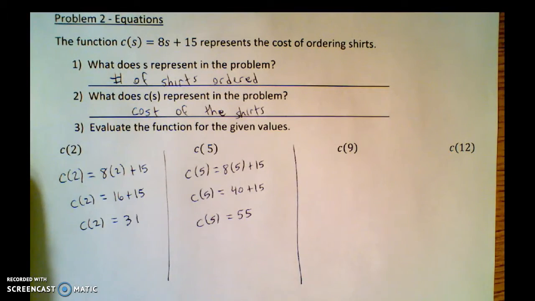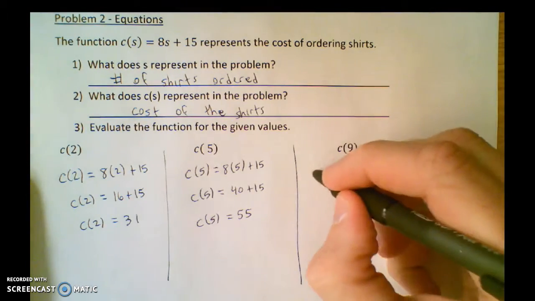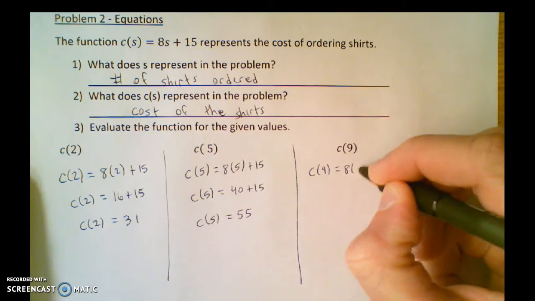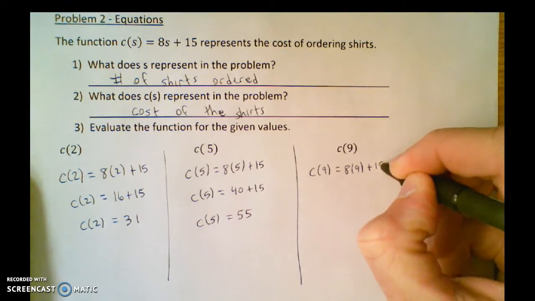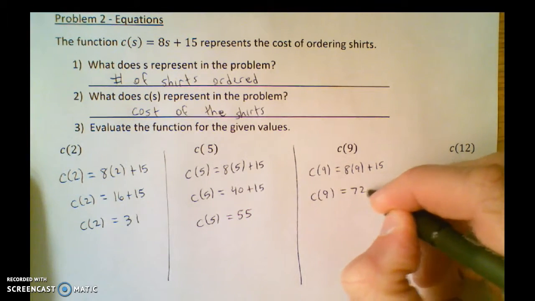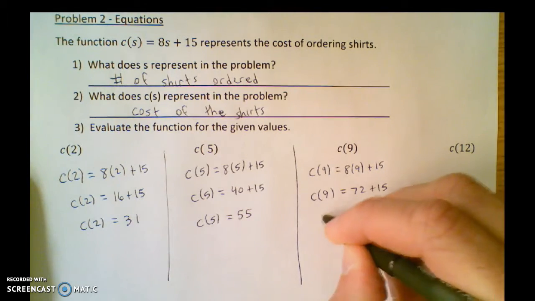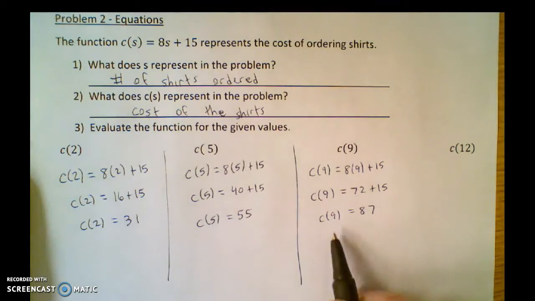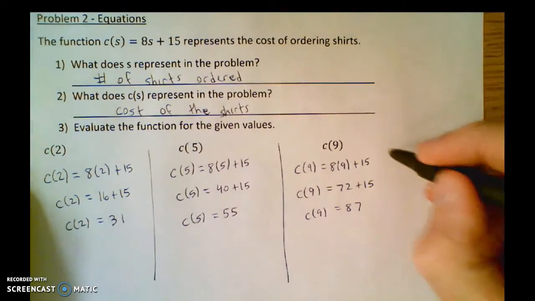C of 9, plug in 9. Eight times 9 is 72. 72 plus 15 is 87. So the cost of 9 t-shirts is $87.